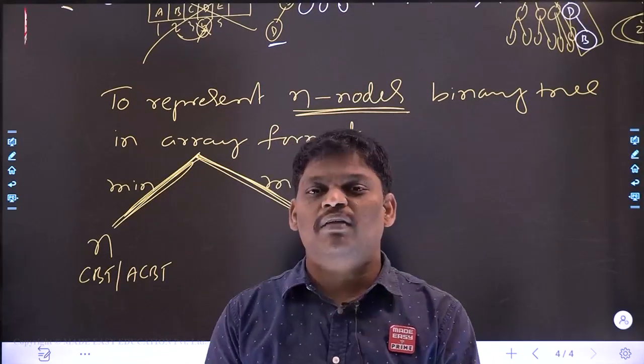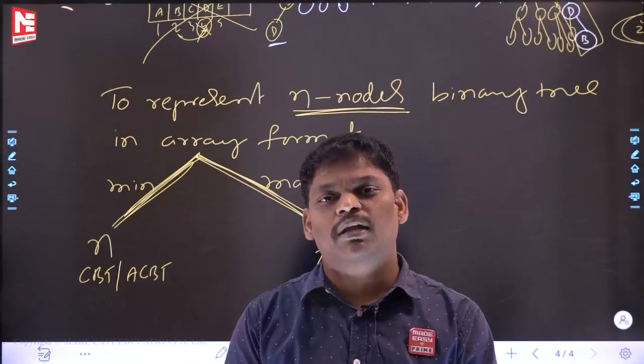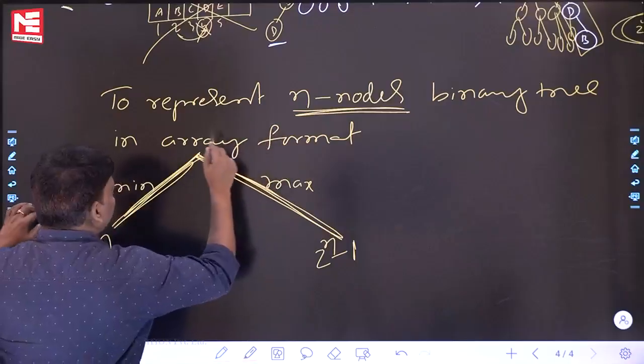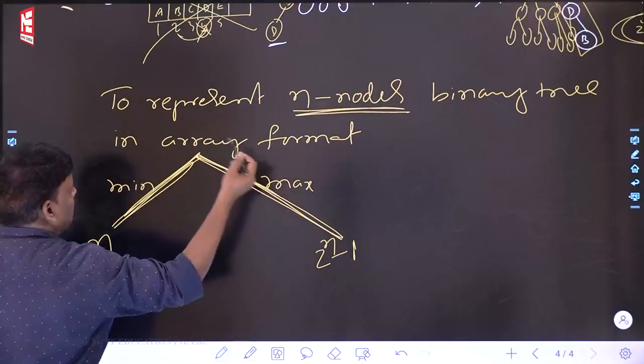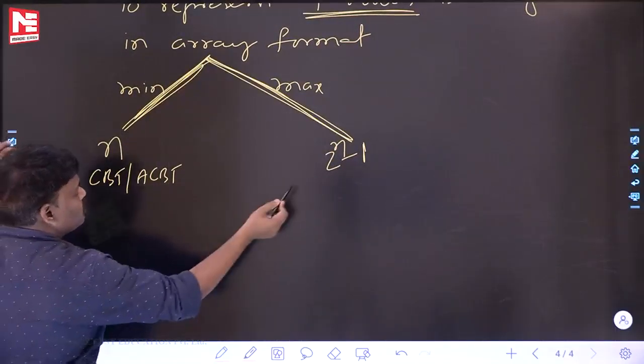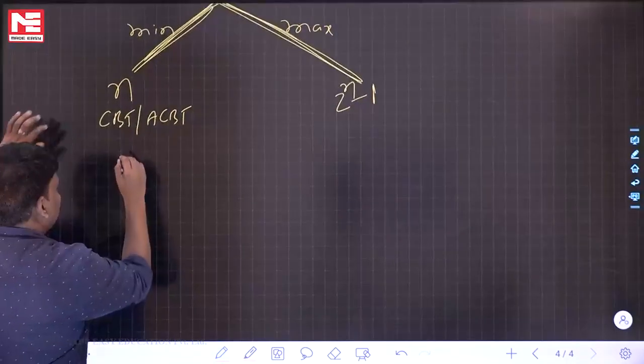Array representation is better for what kind of binary trees? Complete binary tree or almost complete binary tree. Let me write that note also. Please be careful with this problem. To represent an n-node binary tree in array format, the minimum size array required is n and the maximum is 2 power n minus 1.